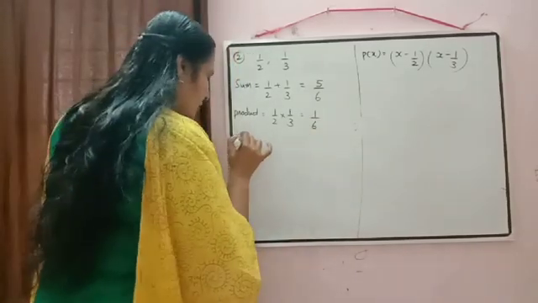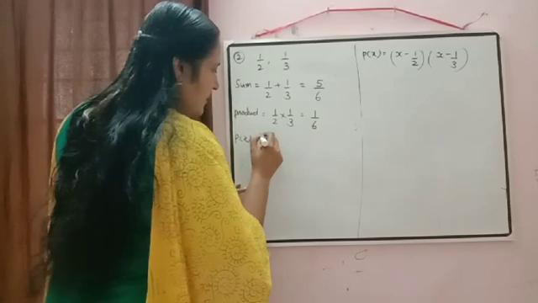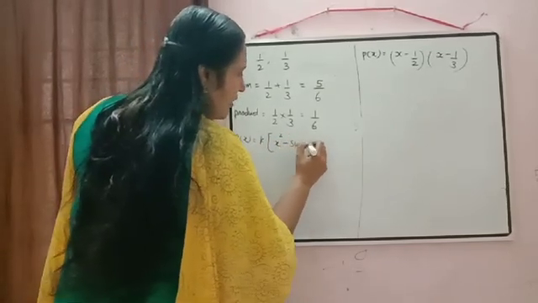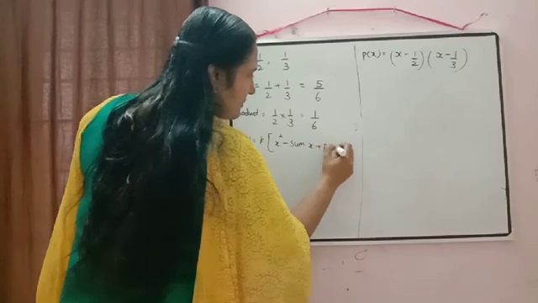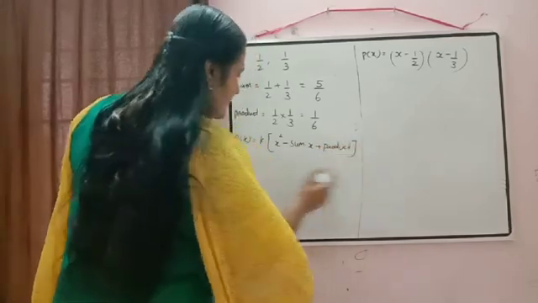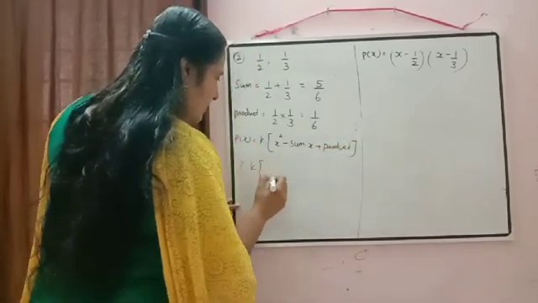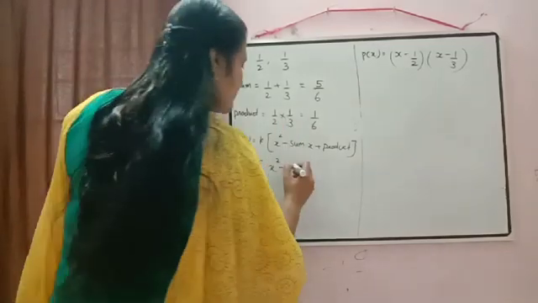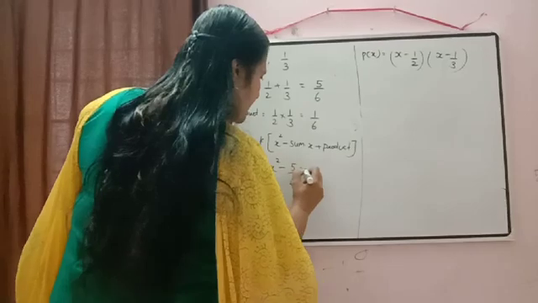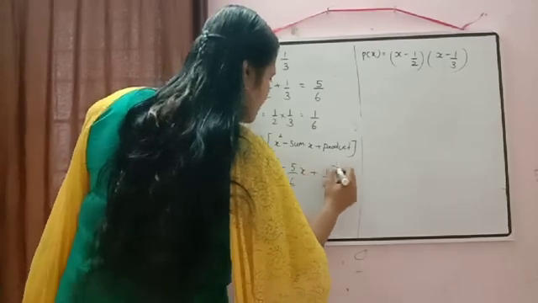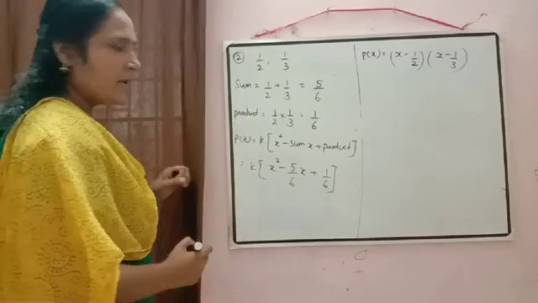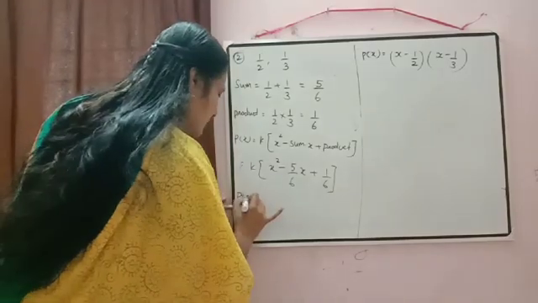Then we will write down polynomial p of x is equal to k into x square minus sum of the zeros into x plus product of the zeros. Substitute the value k into x square minus sum. In place of sum we have 5 by 6x plus product is 1 by 6. Now what we will take? K is equal to? Yes, we will take k is equal to 6.